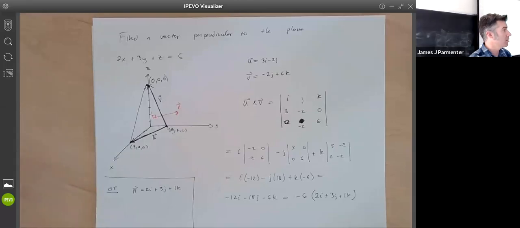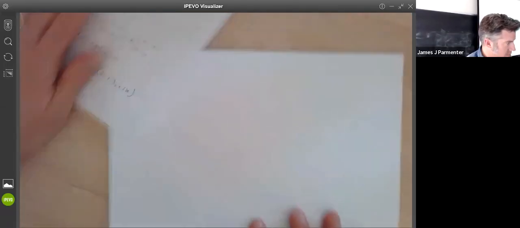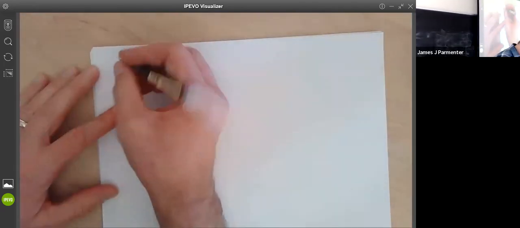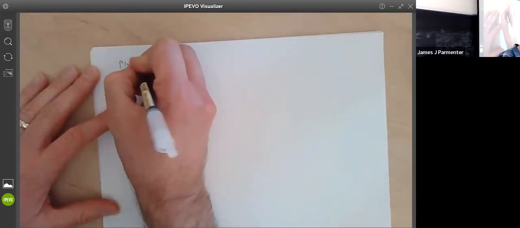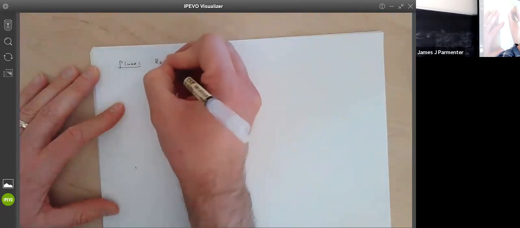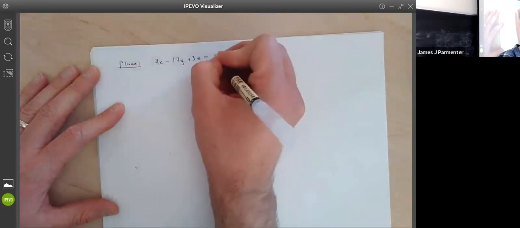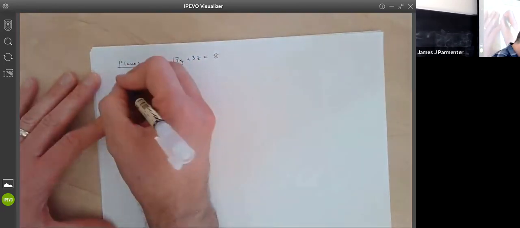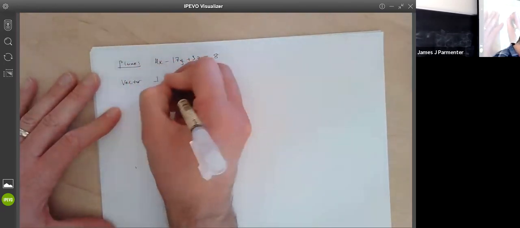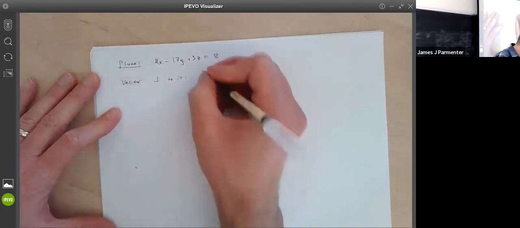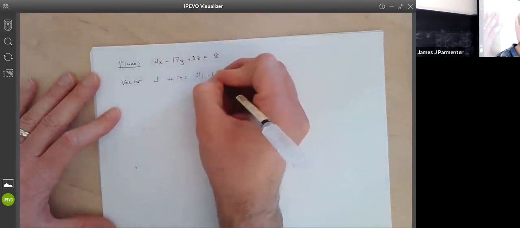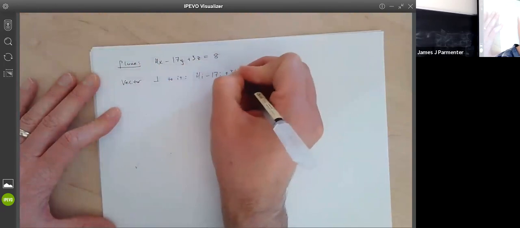In fact, let me give you another example. If my plane is something silly like 4x minus 17y plus 3z equal to 8, and I wanted to find a vector perpendicular to it, here I go: it's 4i minus 17j plus 3k. Done.